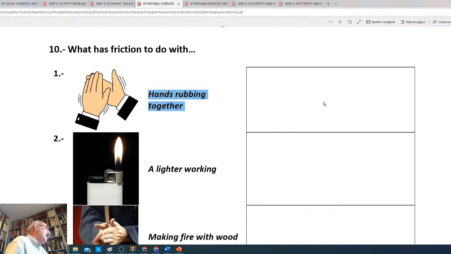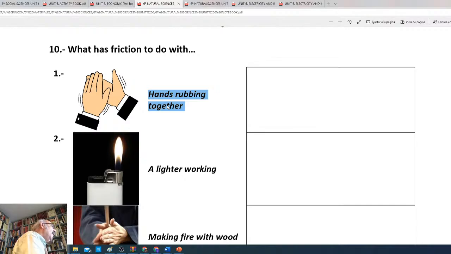So, be attentive. When we rub our hands together, we are changing kinetic energy due to the movement into another kind of energy. And we need friction to do that. Do you remember the other kind of energy that is produced when we rub our hands together?